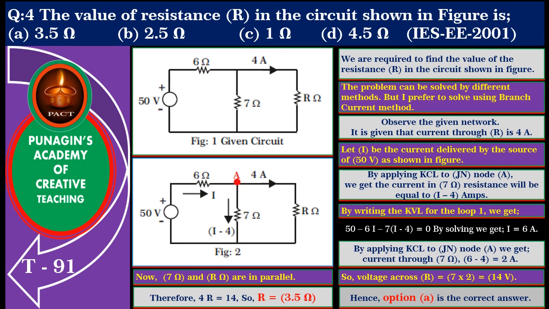Now, we see that 7 ohm and R ohm are in parallel. Hence, voltage across R will be 7 into 2 equal to 14 volts. Therefore, 4R is equal to 14. So, R is equal to 3.5 ohm. Hence, option A is the correct answer.